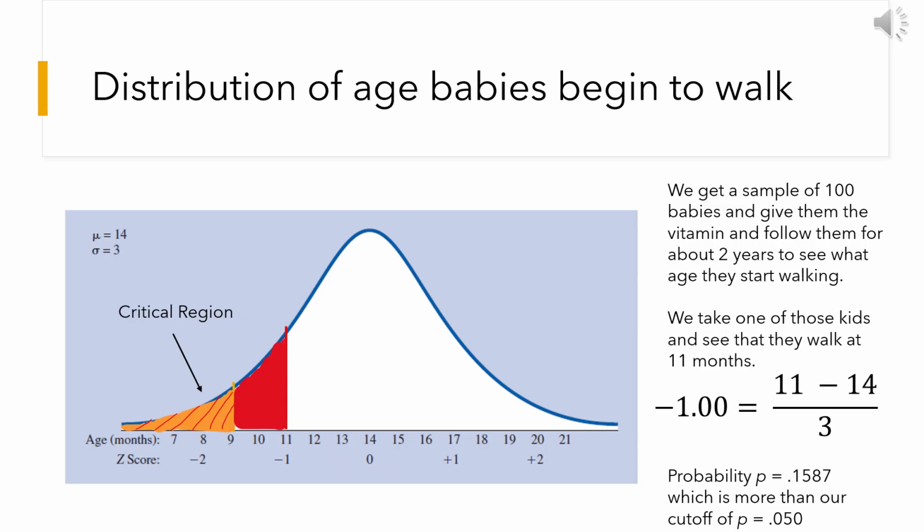So therefore we cannot reject the null hypothesis because it's actually pretty likely that in this case you would see a kid start walking at that age if the null was true, if the vitamin didn't do anything. So we didn't make it into our critical region, and the p-value is higher than 0.05, which is our cutoff, so we fail to reject the null hypothesis.